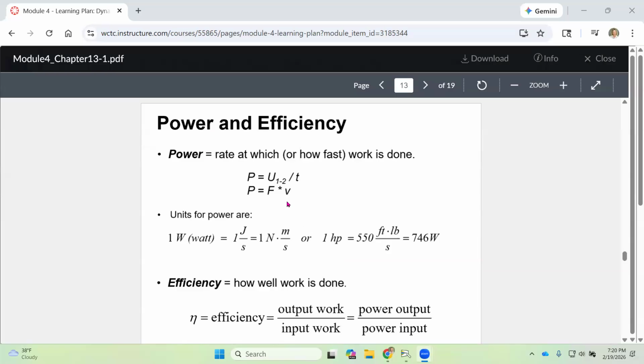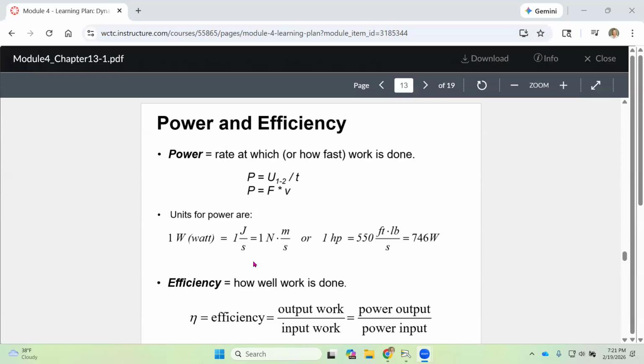So capital P for power is going to be equal to work, U1 to 2, divided by how much time it took to do that work. Or we can also use a force multiplied by how fast it's going, what its velocity is, okay? Now, the units for power are going to be, in the metric system, the watt. And a watt is a joule per second, or a Newton meter per second.